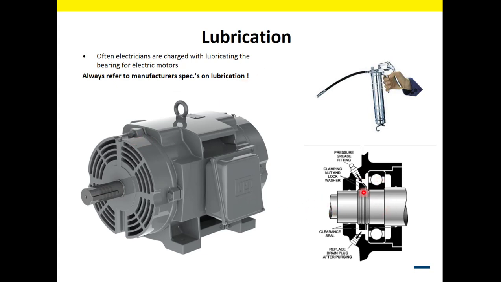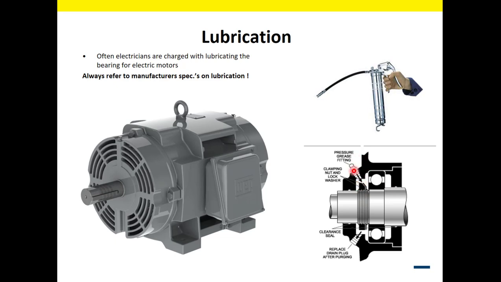Here's a cross-sectional area of what it would look like down where the bearing is and the motor shaft. Here we have the bearing. Here's a side view of it. The motor shaft would be right here. We have a clamping nut to hold the bearing in place. We have a grease nipple here. And then the white areas are open cavities.